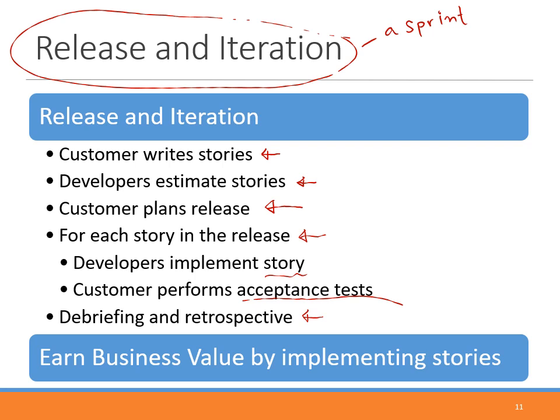And if we fully implement a story completely and it gets accepted by the customer, we earn what we call business value. We earn. It's the same as producing a product and selling it, right? You produce a product. Once it passes the QC, quality control, your product is of good quality, you sell it. Then you earn some money.